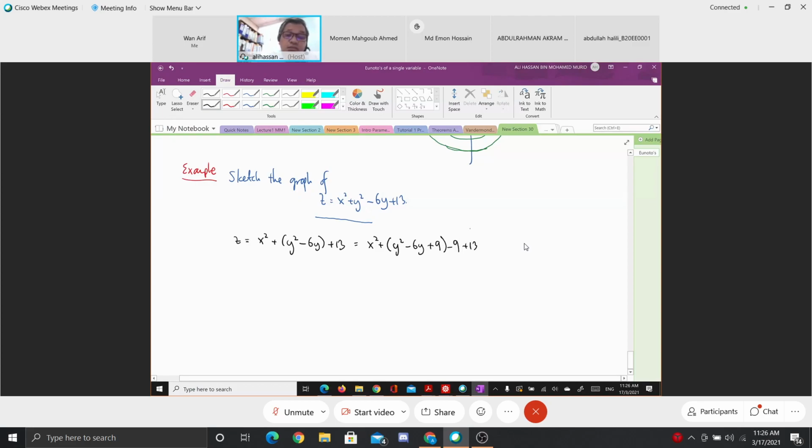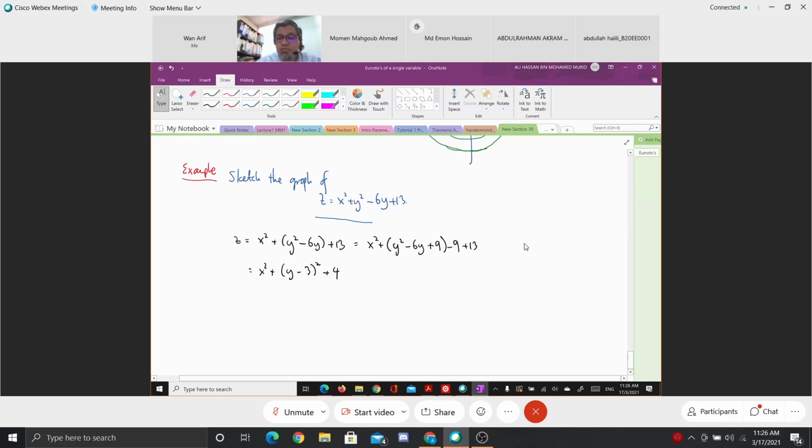So we get x squared plus the bracket (y minus 3) squared, and then 13 minus 9 is 4.